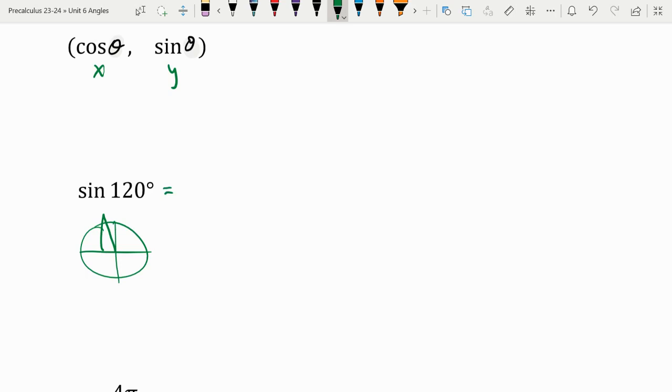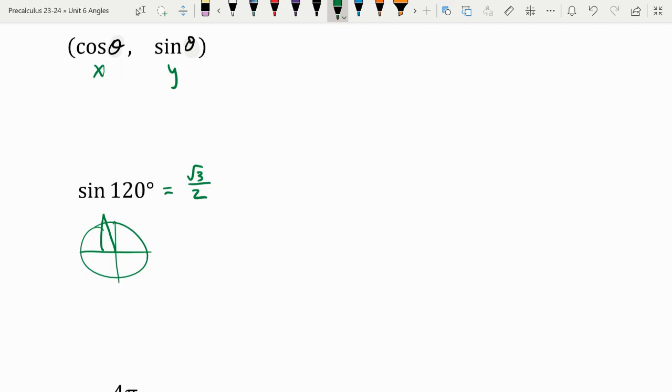Do I see which special right triangle that is? What is the length of the y value in that triangle? It's a 30, 60, 90, right? It's root 3 over 2. Is it positive or negative based on that orientation? The y value. Right? The x value would be what?